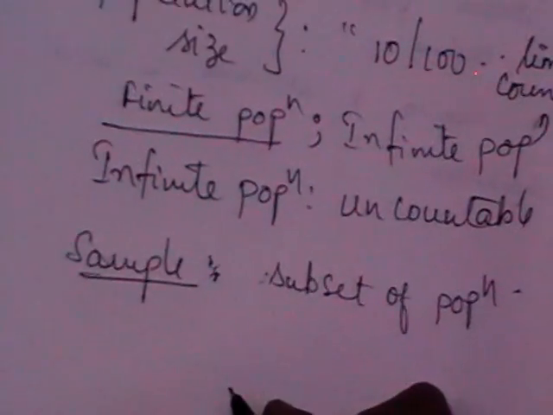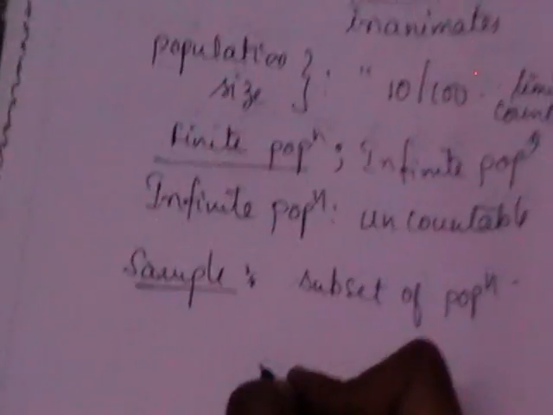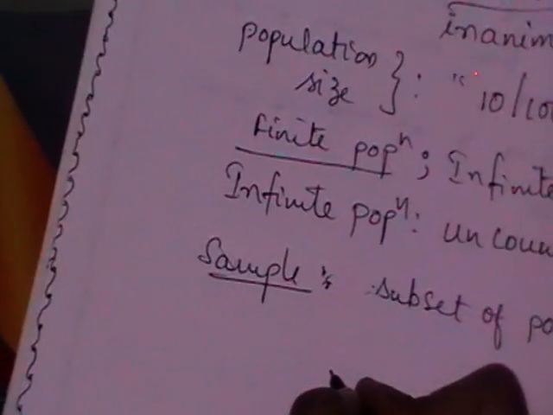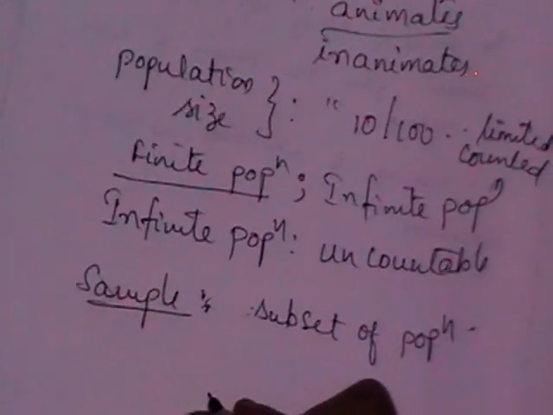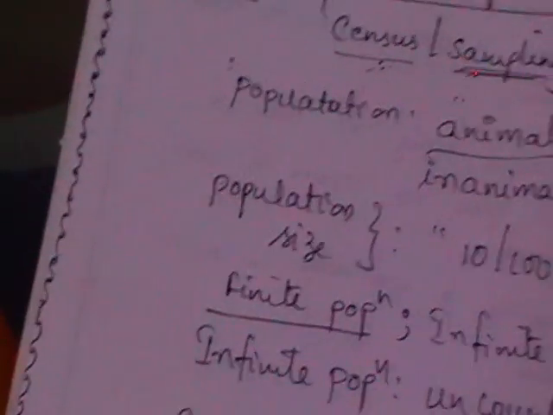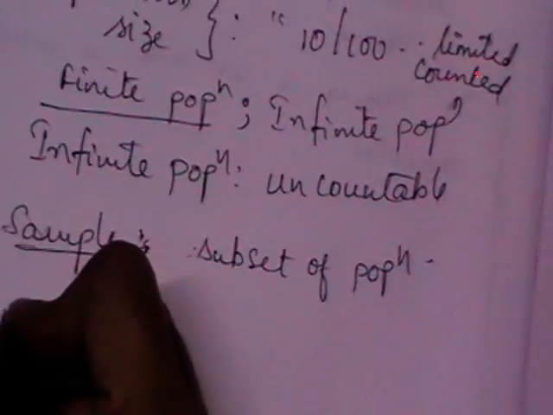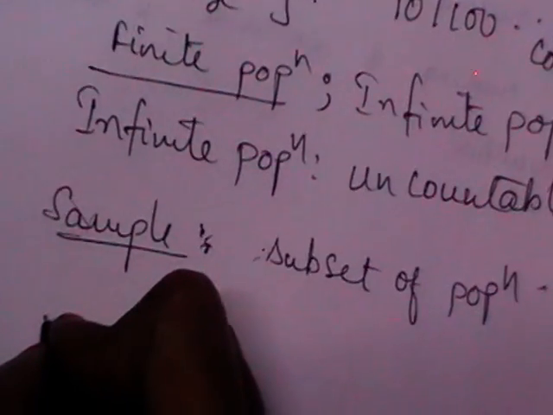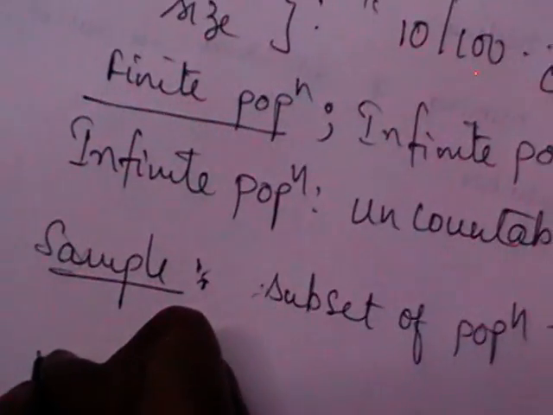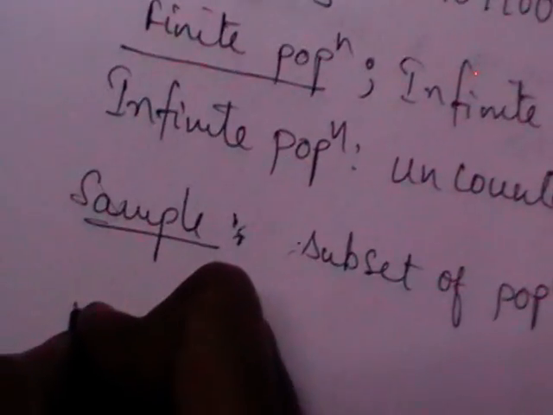In the same way, a subset of a population is called a sample. The number of units in the sample is called sample size. What is sampling unit? Sampling unit is the constituents of the population, the individuals to be sampled from the population.